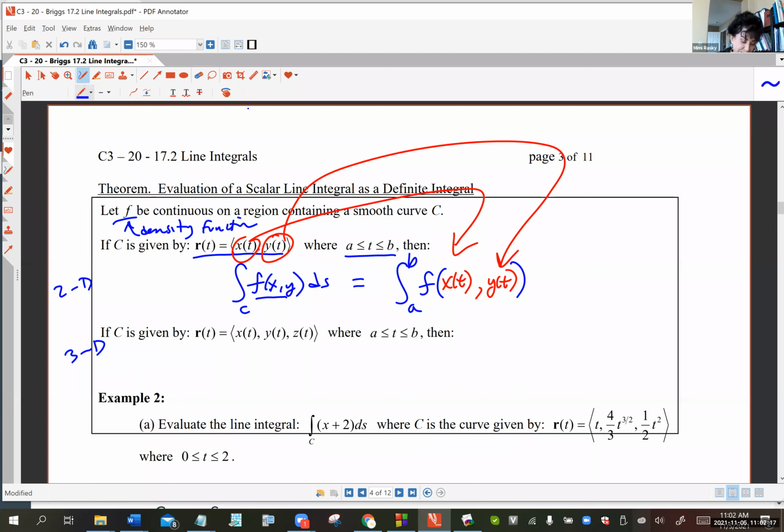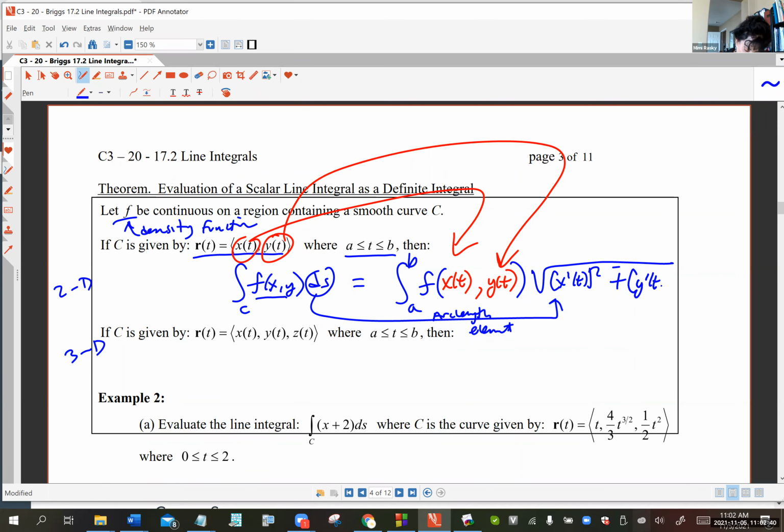And then you'll have ds, which is the arc length element. And that's going to be replaced with what we just went over. The arc length element is that big old radical with the sum of the squares of the velocity vector in there. So you're going to have to take some derivatives.